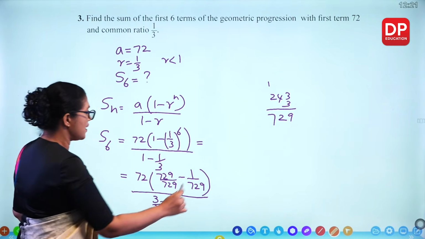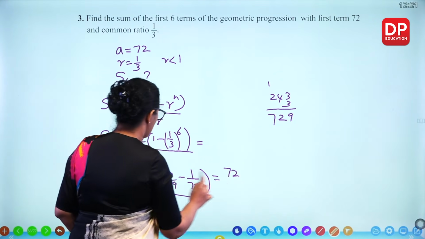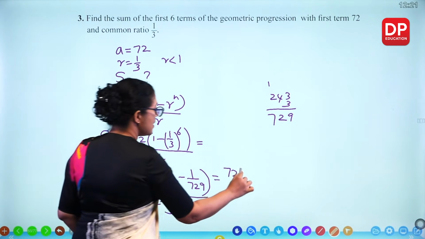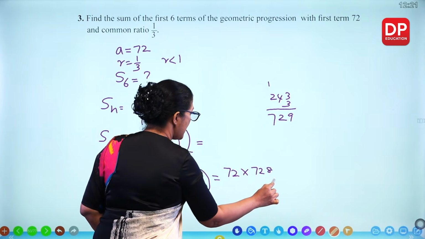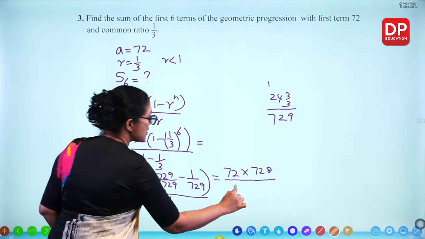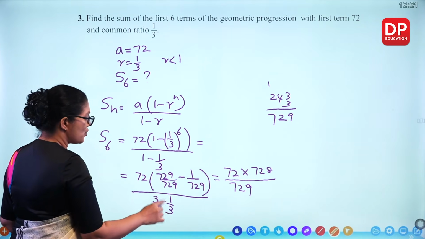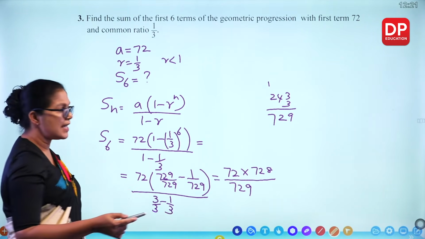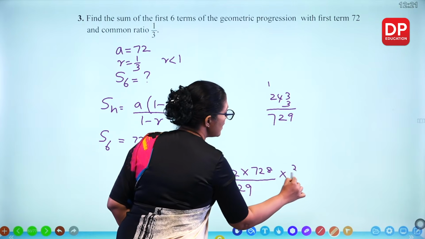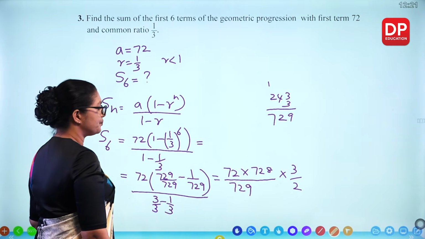Now simplify this. 729 minus 1, 728. You get 729 here. 3 minus 1, 2. 2/3. Divide by 2/3 means multiply by 3 over 2.